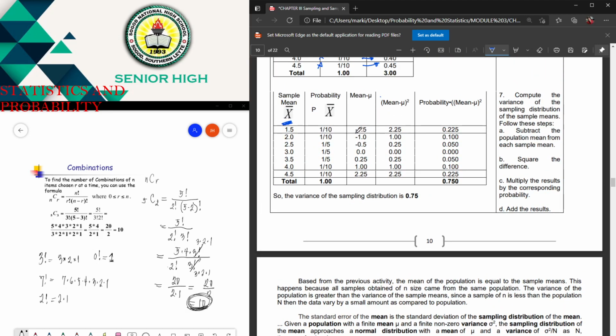So, the sample mean minus the population mean. Our population mean is 3. Where do you find your population mean? In step 1. You can see your population mean in step 1.